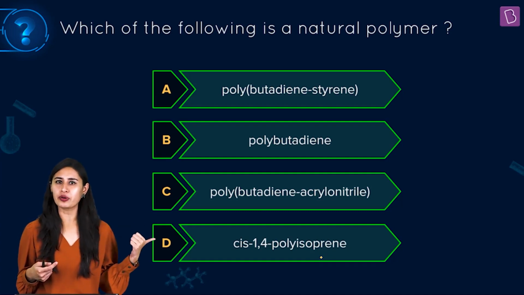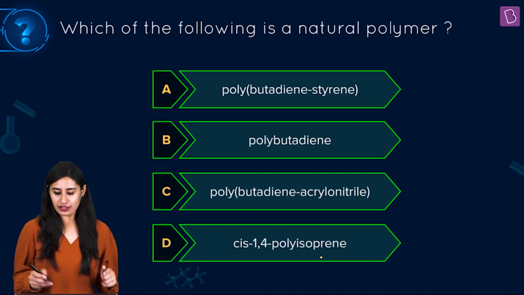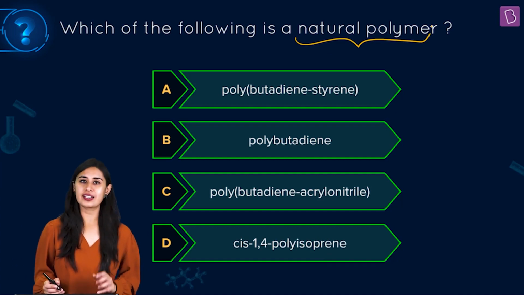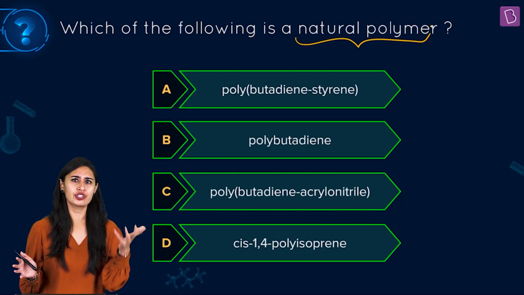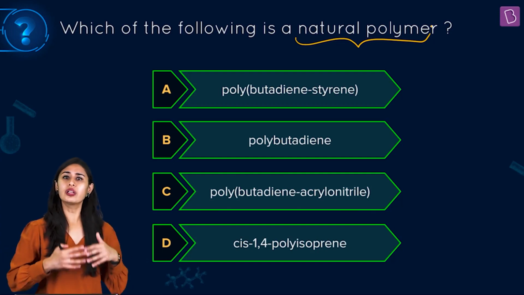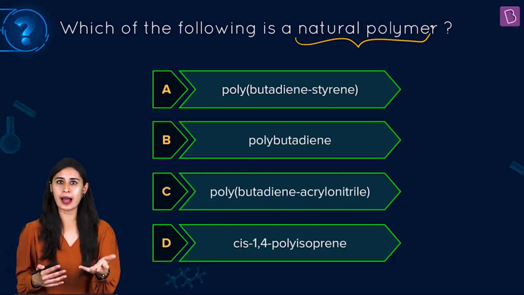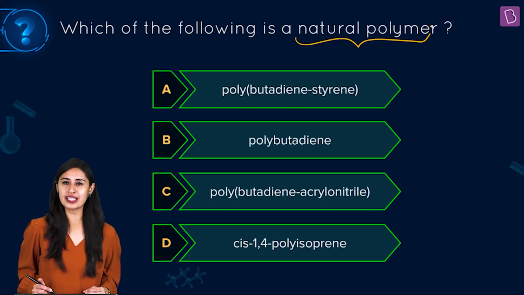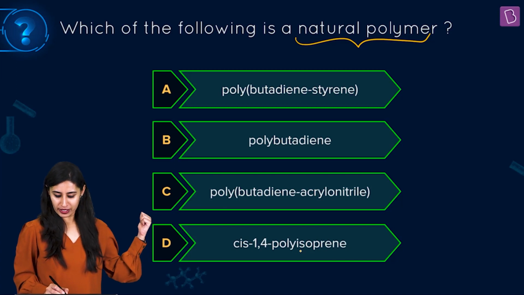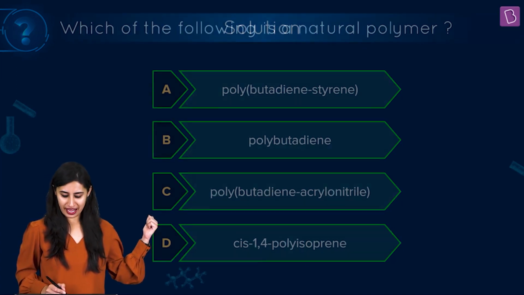It's a very important question, because natural polymer means that we are talking about biodegradable polymer. Natural means you're getting it from natural sources, for example, from the trunk of a tree. So if you know about this natural rubber, polyisoprene, you know the right answer.